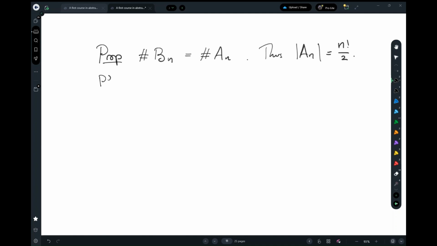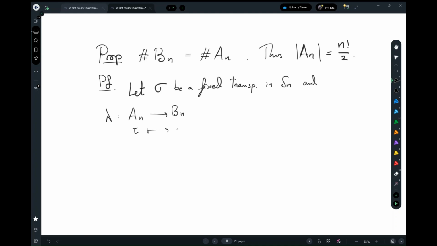So here's the proof. Let sigma be a fixed transposition in Sn, and let's define a map lambda that goes from An to Bn, such that every tau in An is going to be sent to sigma tau.